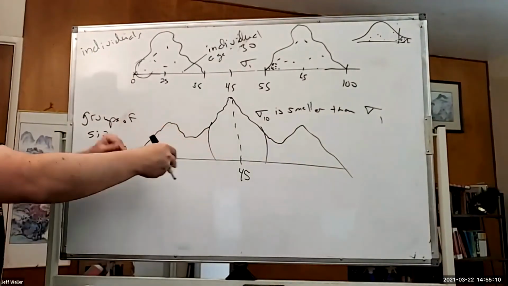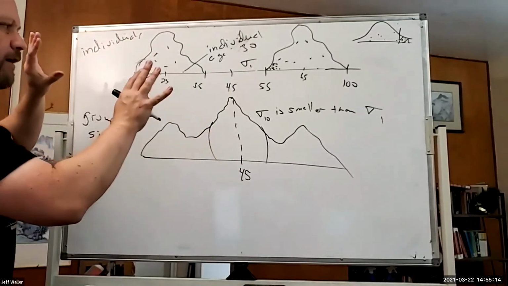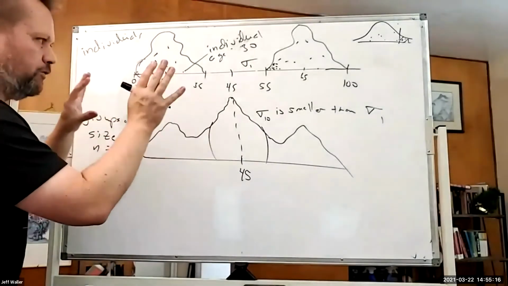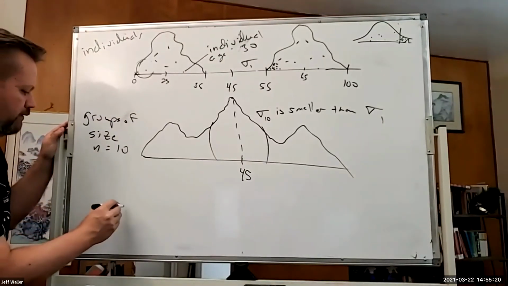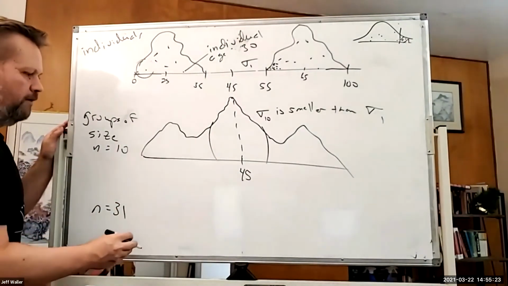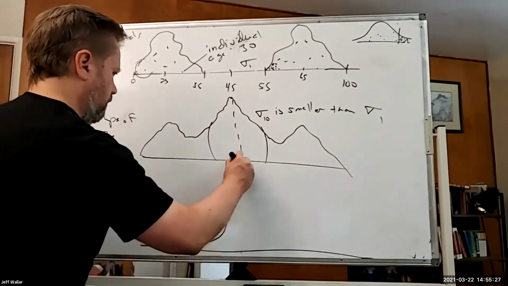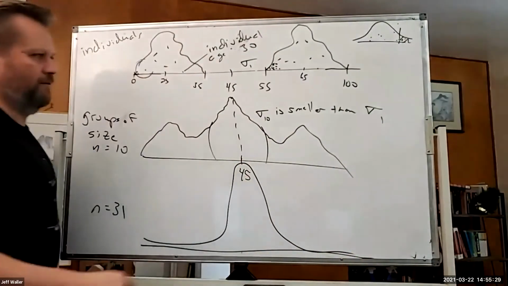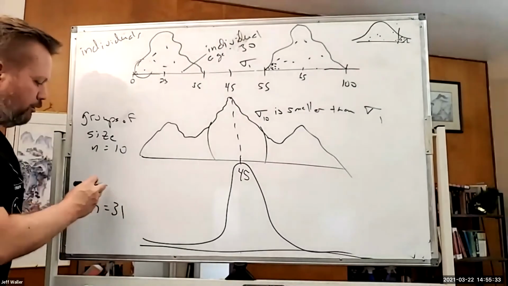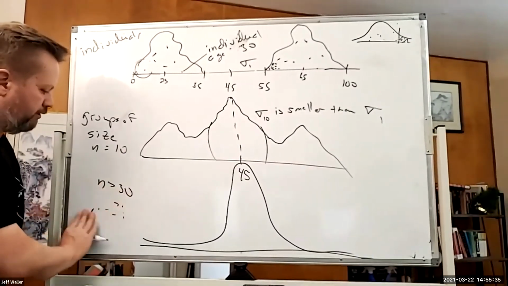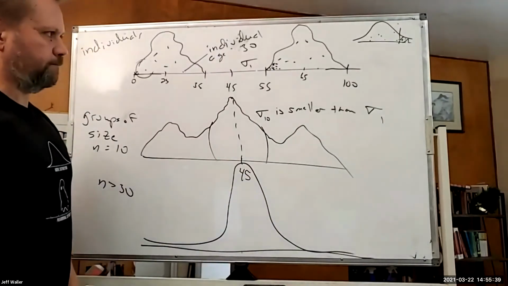And now watch. Now again, there's no proof here. I just want this to kind of make some conceptual sense. The minute I get to above 30, so let's say 31, here's what this picture is going to look like. The minute I get to greater than 30, this image is going to look like that.